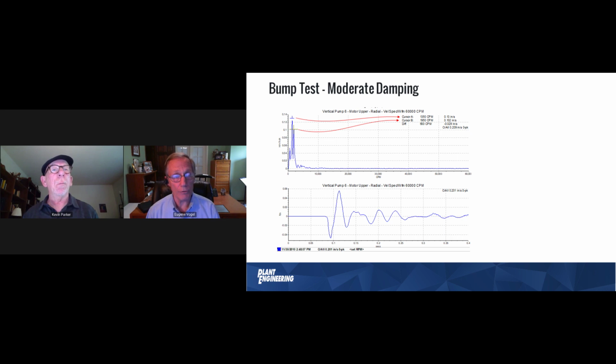So I have amplitude versus frequency. And you see the two cursors, 1 and 2. One of those cursors says there's vibration at 1,350 cycles per minute, and the other says there's vibration at 1,950 cycles per minute. So those are the frequencies that were excited when I wallop that machine with a hammer.